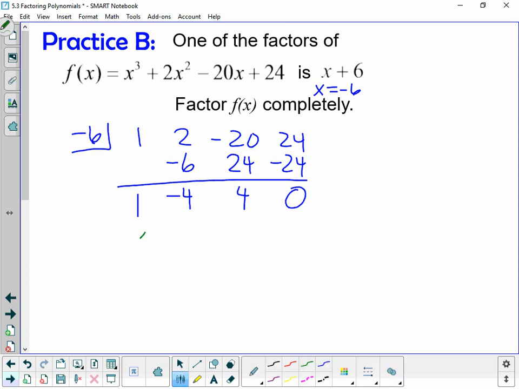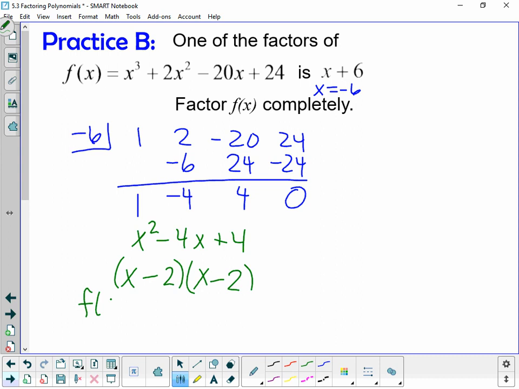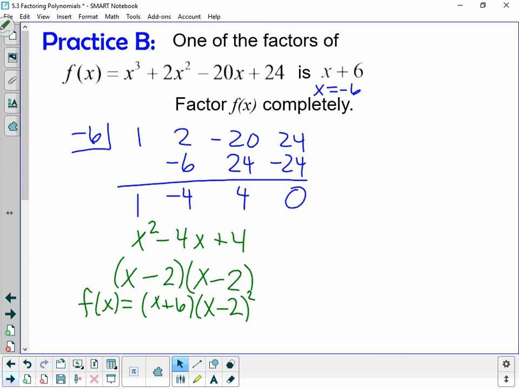So we have the result down here, x squared minus 4x plus 4. Our other two factors are going to come from this polynomial. So if we factor it, it looks like we're going to have x minus 2 and x minus 2. Interesting. So the complete factorization of our polynomial would be x plus 6 and x minus 2 squared.